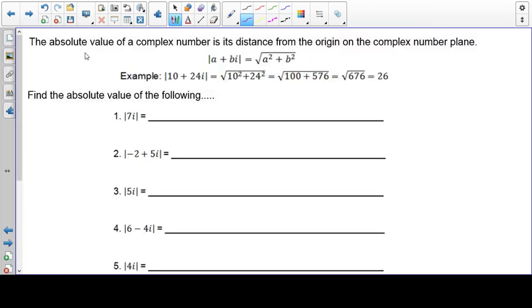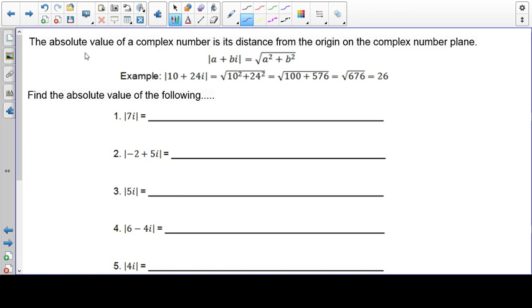Okay, so now you really need your calculator, so make sure you grab that handy dandy thing. What we're going to do next is find the absolute value. So what that's saying is that if I were to graph this out in an imaginary plane, which yes, unfortunately it sounds like it wouldn't exist, but it does.